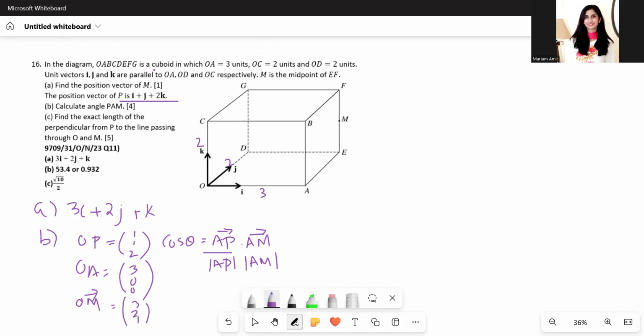Now let's find AP and AM. So AP would be OP minus OA. Let's do that directly. That would be minus 2, 1, and 2. That would be AP.